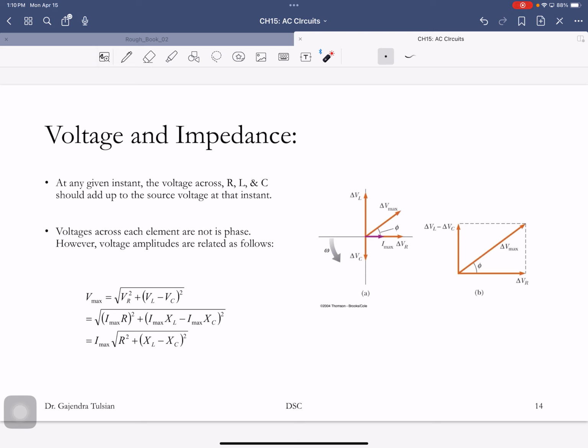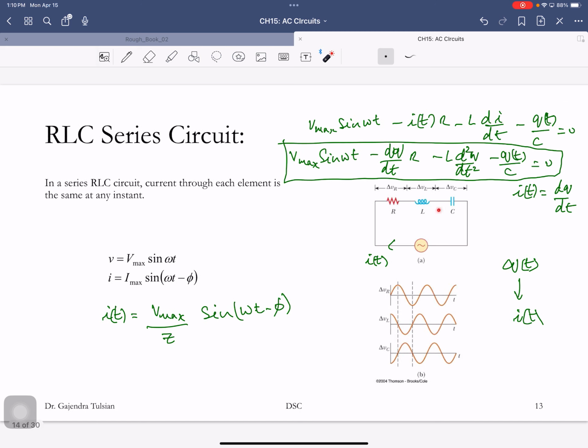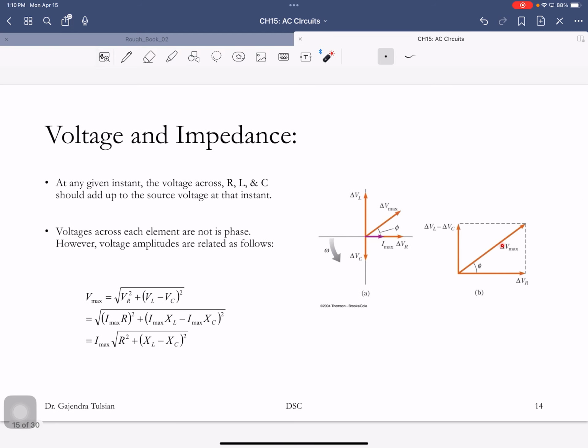The y component is the voltage across the inductor minus the voltage across the capacitor, and the x component is the voltage across the resistor. So there's the amplitude of the voltage across these three elements, and there's the current.